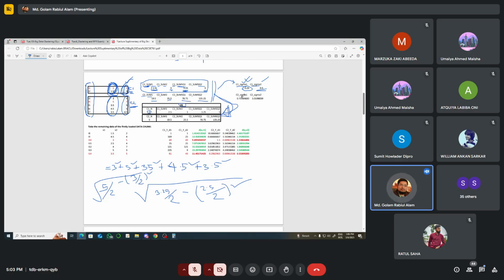Similarly, we have to find out the C2 sigma 1, that is the standard deviation of the elements of the first dimension of cluster 2, and the standard deviation of the elements of the second dimension of cluster 2. So we will get those values using just these statistics. No need to store those values, but we need to store those statistics to get these values.